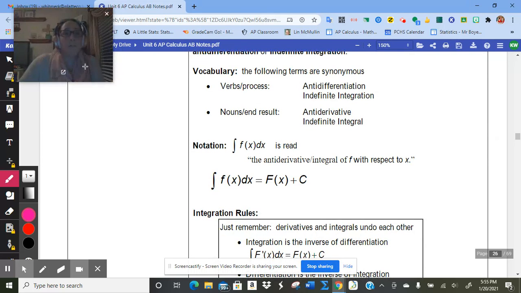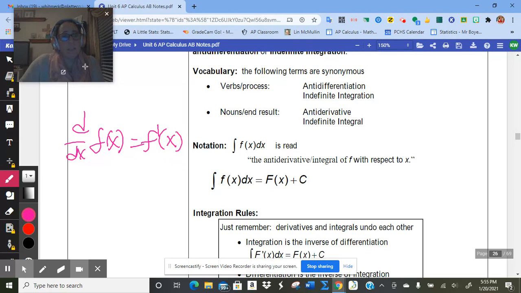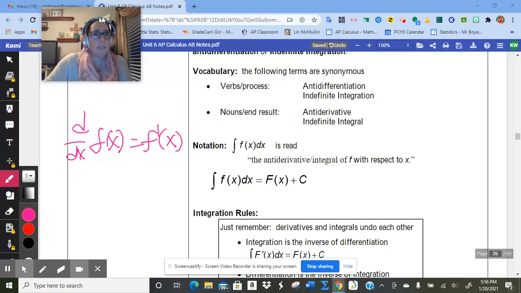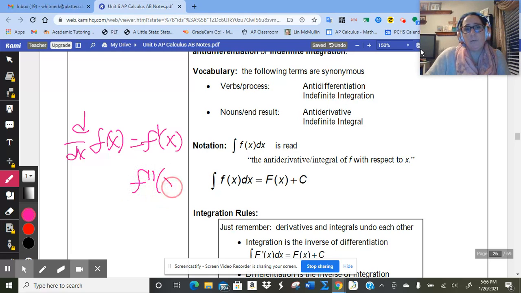Now, we know that when we take the derivative of f of x, we get f prime, and that f looks exactly the same. When I take the derivative of f, I get f prime. So it stays little f, and then the derivative of f prime goes to f double prime, and I still see little f, little f, little f.